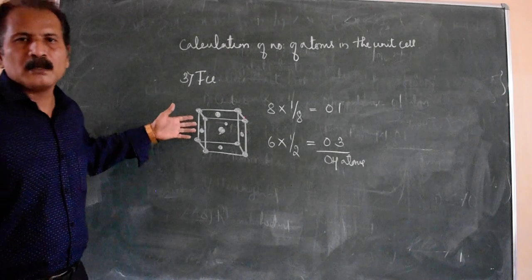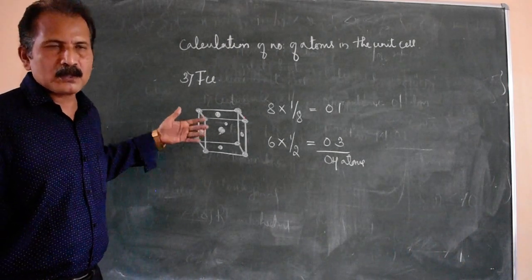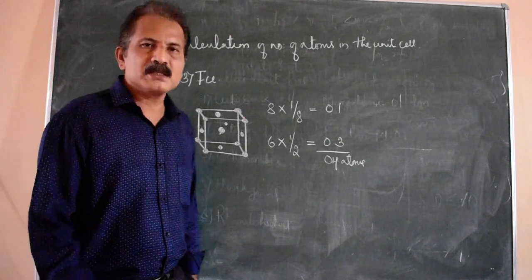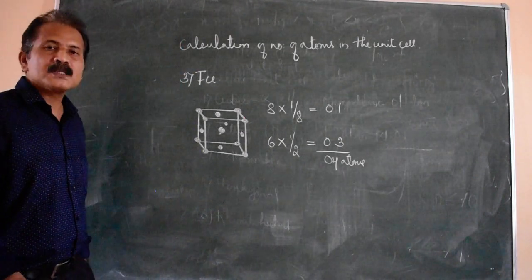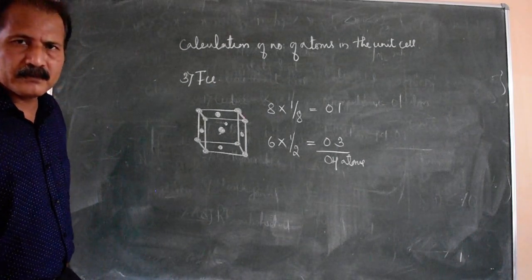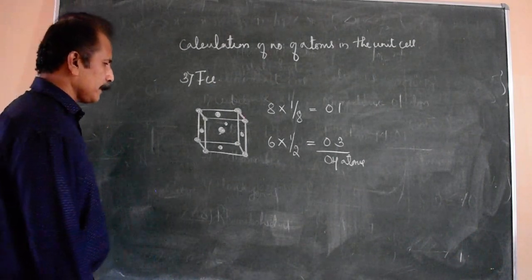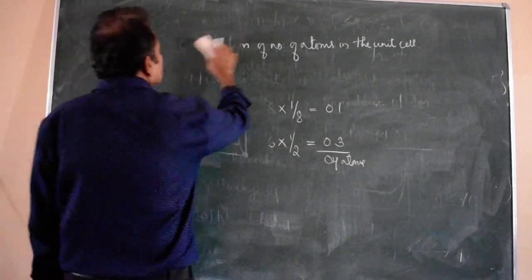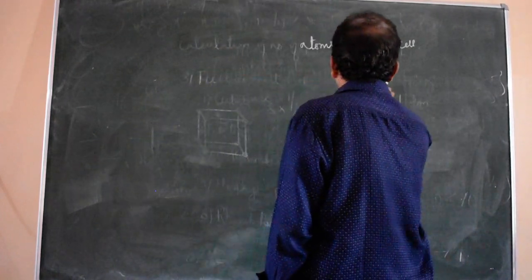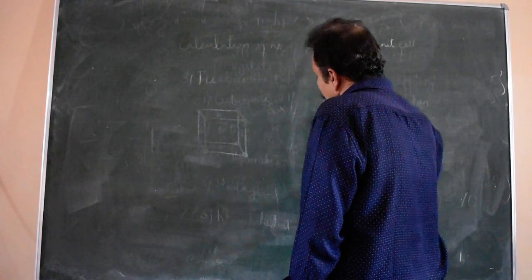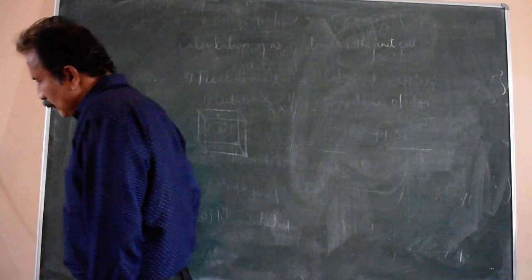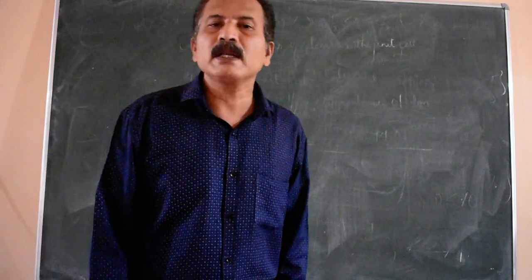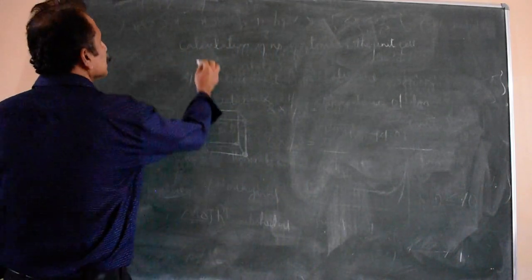This can be a probable 1 mark or 2 mark question. Calculation of number of atoms in the unit cell. They can ask you BCC or FCC or the simple primitive unit cell. The next important question that is asked in the solids chapter is calculation of packing efficiency.